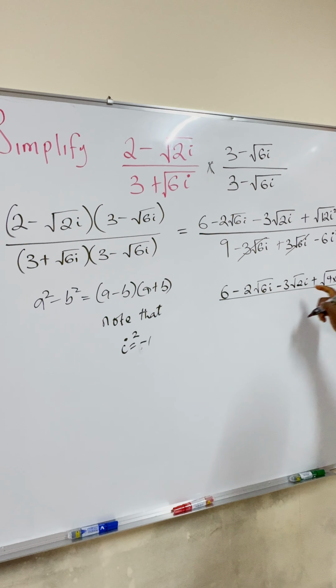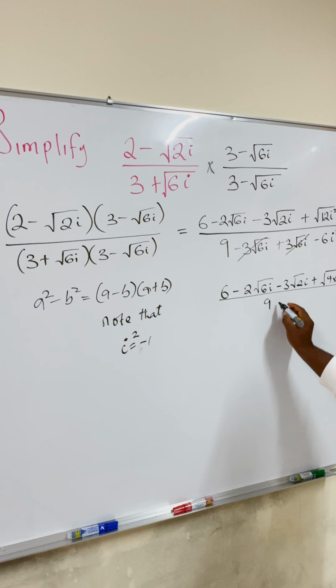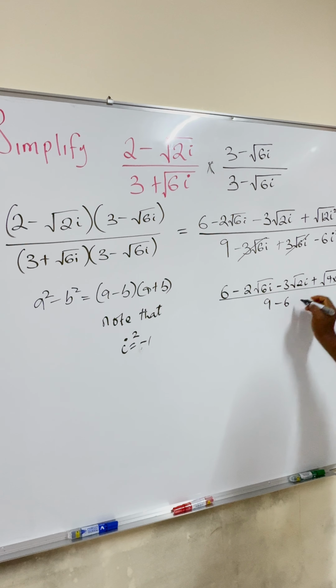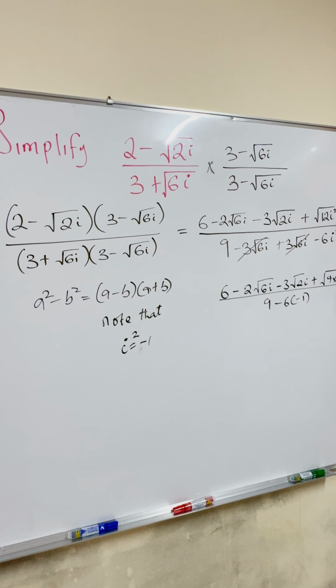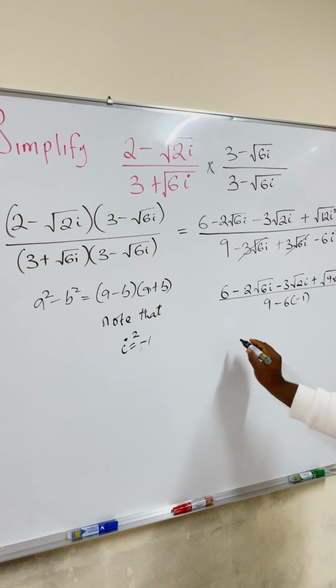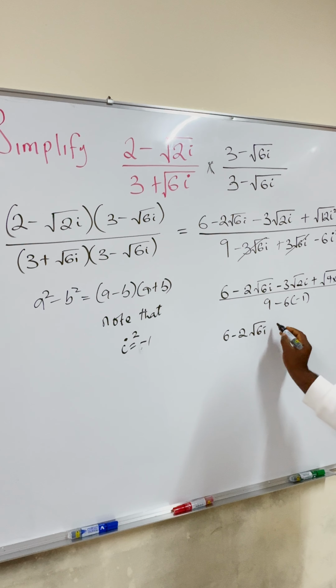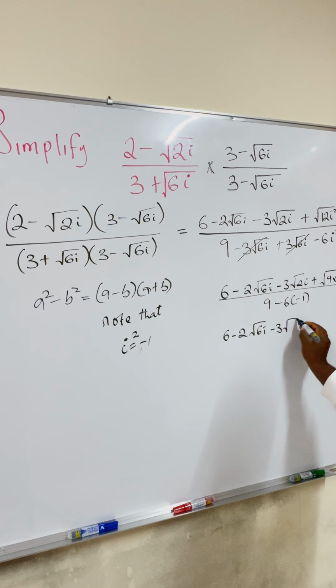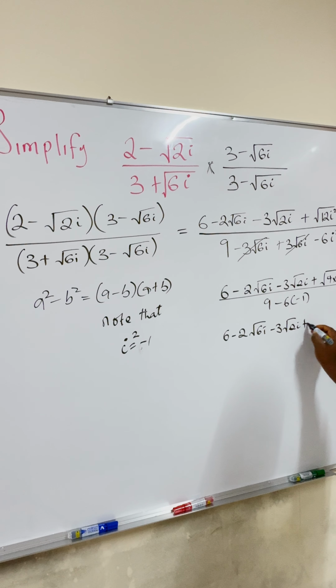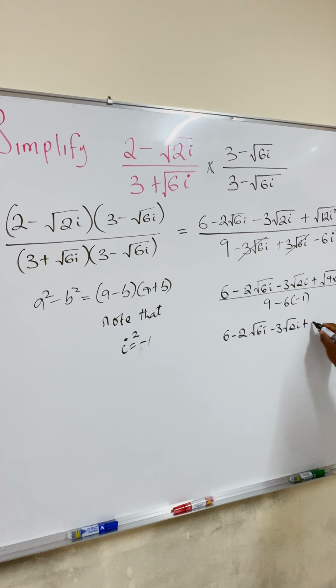Then out of, you have 9 minus 6, and i squared is also what? Negative 1, just like we did with the numerator. So this is going to give you 6 minus 2 square root of 6i minus 3 square root of 2i, then plus square root of 4 is 2, 2 square root of what? 3, then negative 1.